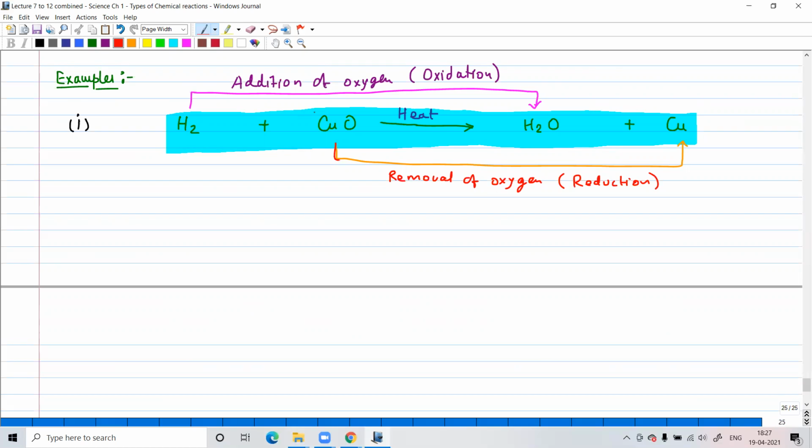Sir, from the classical definition, for oxidation, removal of hydrogen is also there. So like I told you, not both of things have to happen at the same time. Any one is happening, you will call it as oxidation. So since oxygen is getting added over here, hydrogen is not being removed from anywhere over here. Hydrogen gas was there and oxygen just came and attached to it.